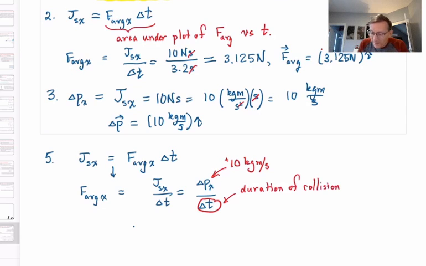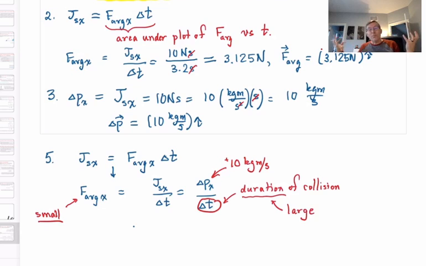If we don't want to damage the equipment, we want to make this force as small as we can get it. So how to do that? Make the duration, delta T, as big as you can get it. Yes? Because it's in the denominator here.